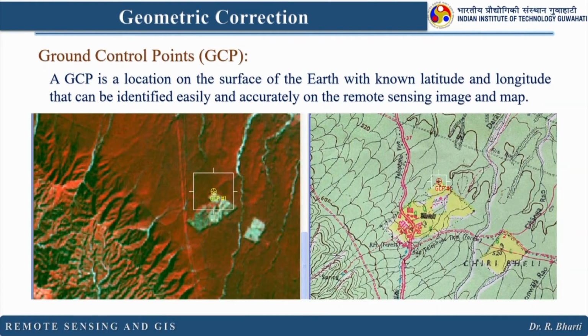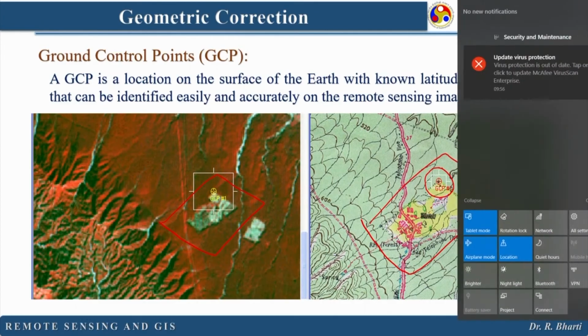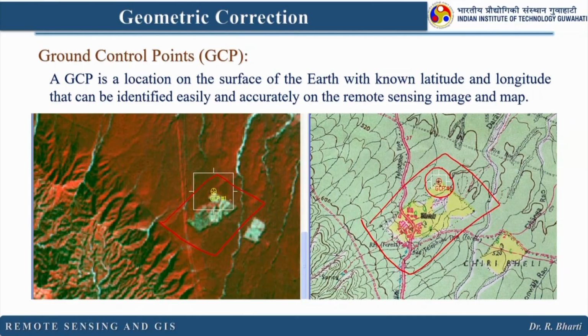Suppose you have a toposheet, right? A toposheet is developed by Survey of India, where we have the actual location of this particular piece of land, right? And for the same area you have a satellite image. Now you can see the location of this particular corner, and this corner can be identified easily on the map as well as on the image.